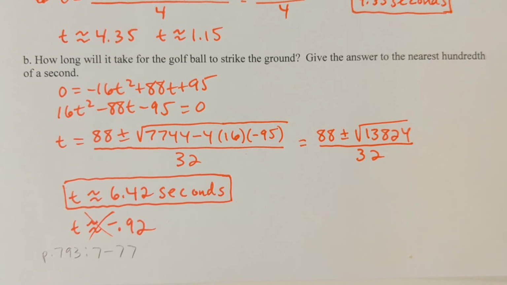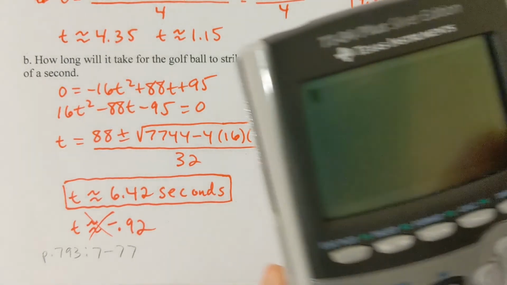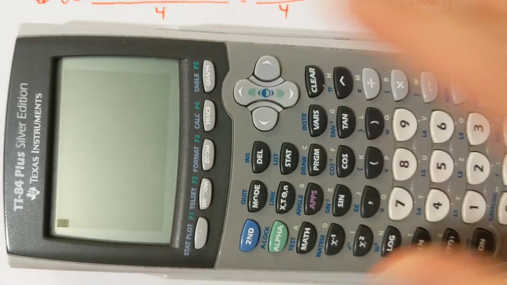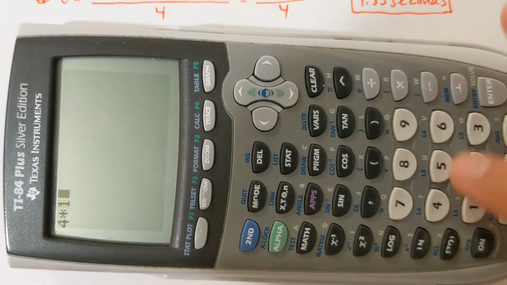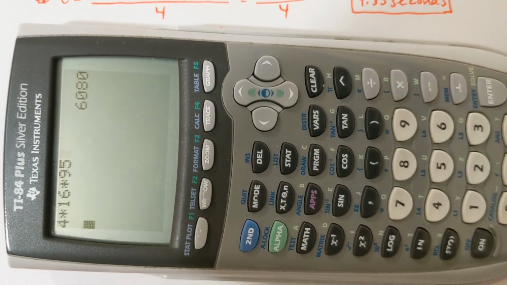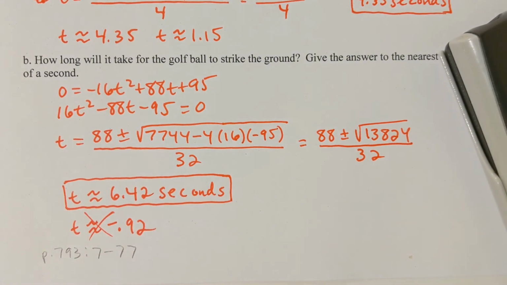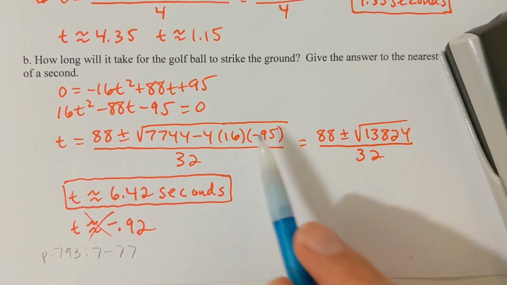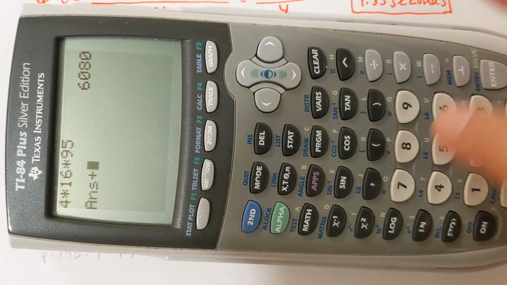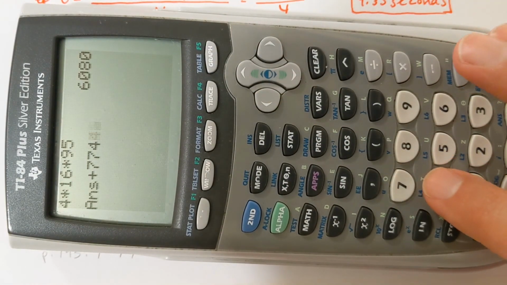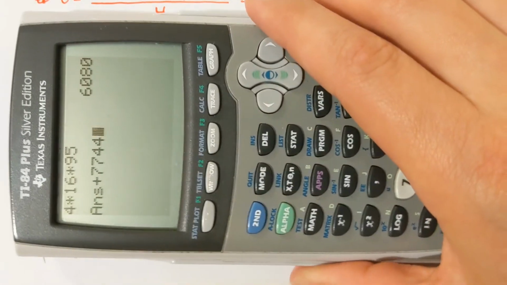Okay, so now at this point, I would go to the calculator. 4 times 16 times 95 is 6,080. Okay, now I'm going to be adding that, since I'm subtracting a negative, I'll be adding 7,744, I think, was it? Yeah.